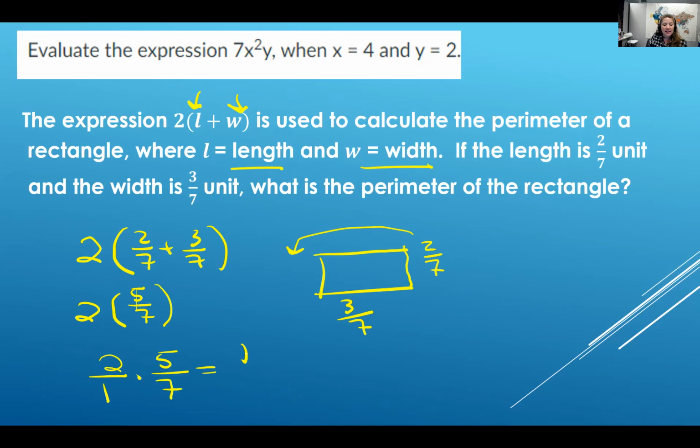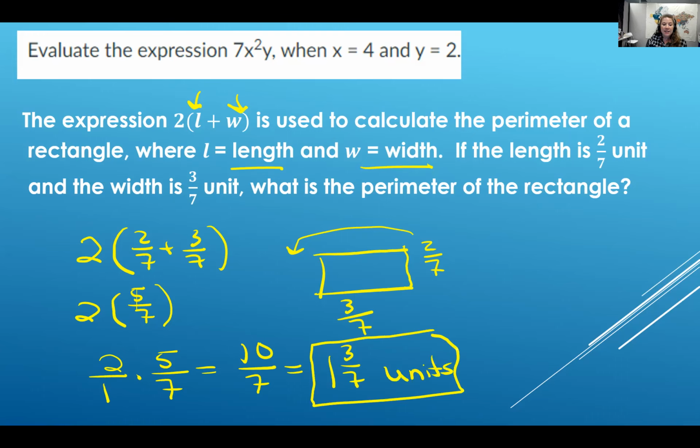So 2 times 5 is 10 over 7. 7 goes into 10 one time with 3 left over. So the perimeter, if we added together all those sides, is 1 3/7 units. Okay, that's the same thing as saying 2/7 plus 2/7 plus 3/7 plus 3/7. I'd get the same answer. Okay, hopefully you guys got that right.